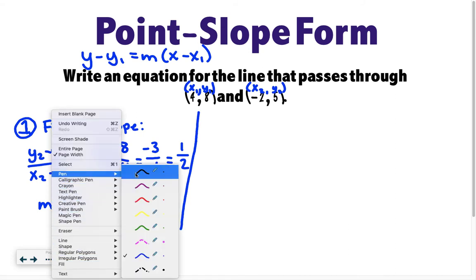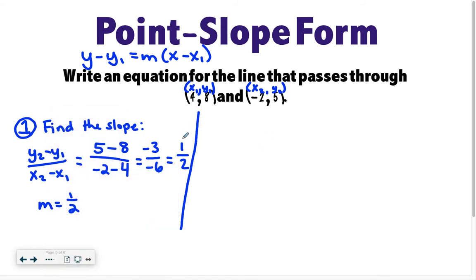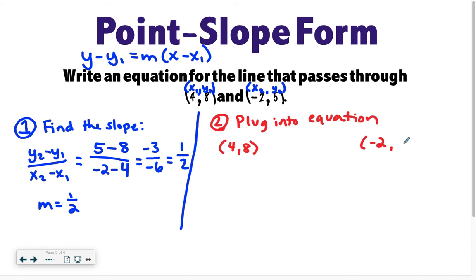Now I'm going to do the second part. Plug it into the equation. And when you are doing point slope form, there's going to be 2 correct answers. And the way that you know the 2 correct answers is 1 will use the point 4, 8, and 1 will use the point negative 2, 5.